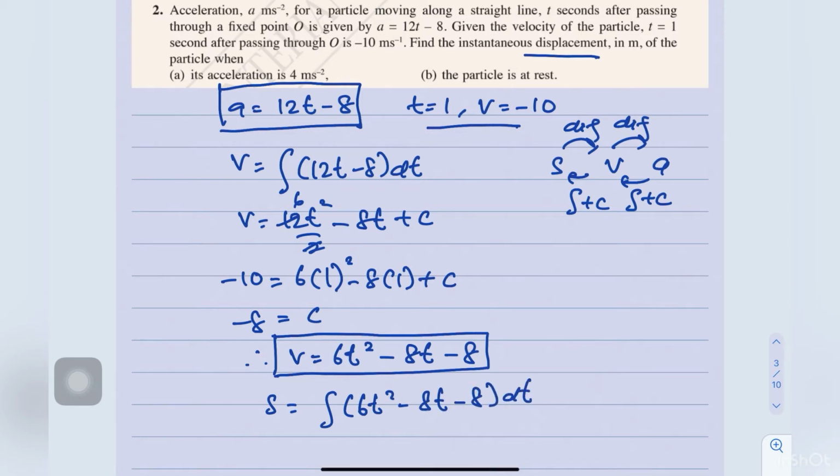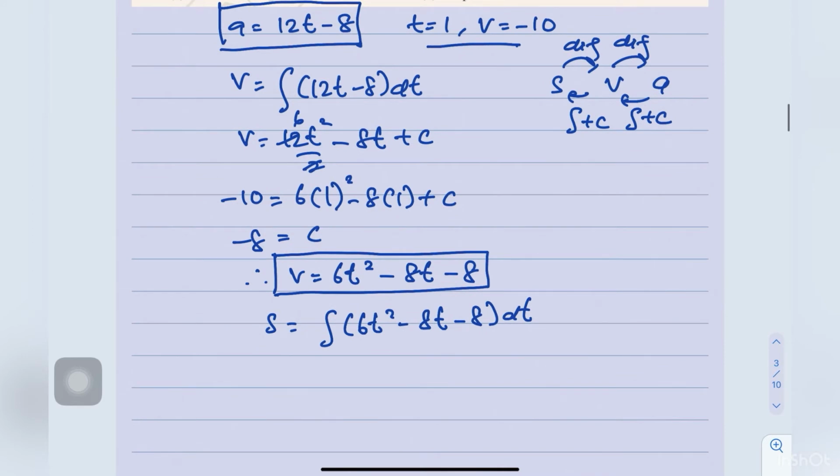So then S is 6t cubed over 3 minus 8t squared over 2 plus c... That is, S equals 6t cubed over 3 minus 8t squared over 2 minus 8t plus c. Since no information given, we assume c equals 0.